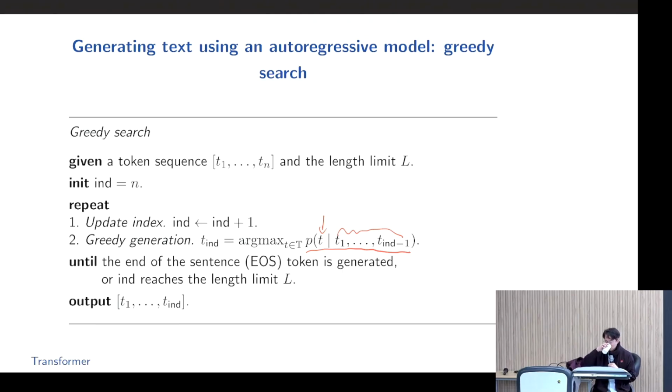The obvious thing to do is greedy decoding. Take the one with the highest probability. That's going to be your sample. And you repeat this until the end of sentence token is generated. And collect all these greedy decodings, and that's your output. That's the simplest thing you can do, right?